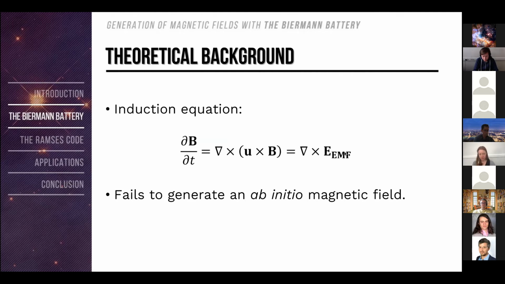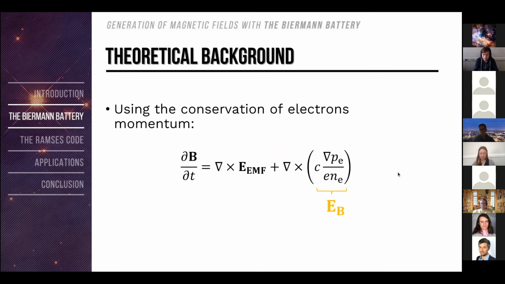However, this equation taken alone is not capable of generating a magnetic field in a previously unmagnetized region, meaning that given the initial condition B equals 0, the field will remain 0 forever. We hence need a third term to act as a source of magnetic field. The solution found by Biermann emanates from the equation of conservation of electrons' momentum.